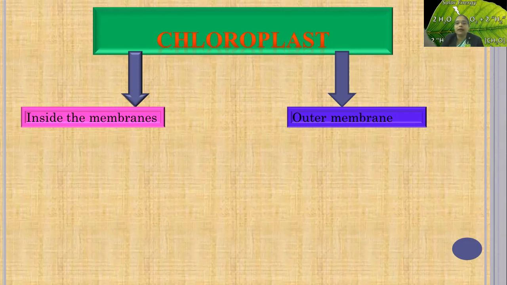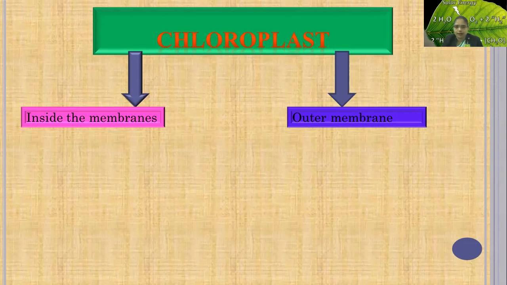Second is the granum. Each granum consists of 12 to 20 disc-like structures known as thylakoids. And thylakoids are arranged one above the other like a stack of coins.